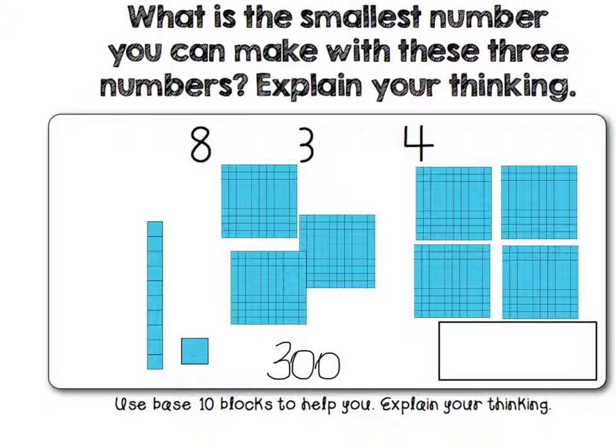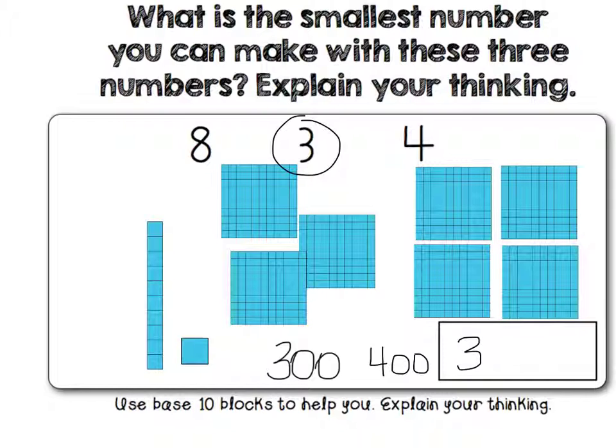So which number is the smallest number? Well, I'm going to say 3 is the smallest number because 300 is less than 400. So I'm going to add 3 in my hundreds place over here.